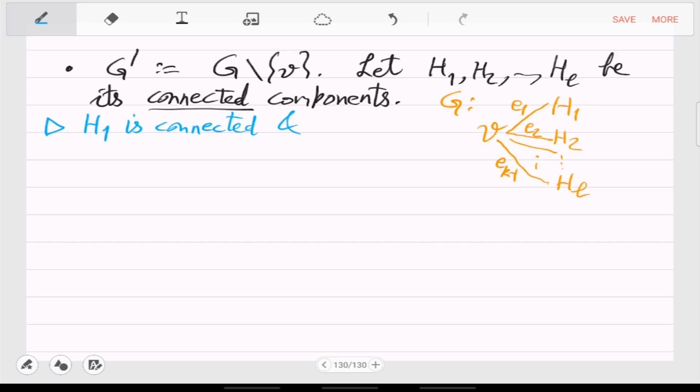But is there a vertex with degree less than k? Which one? Exactly, the neighbor of v, right? So there exists, say, a vertex v1 in H1 with degree less than k. Is this clear? Any questions? So the neighbor of v, call it v1.